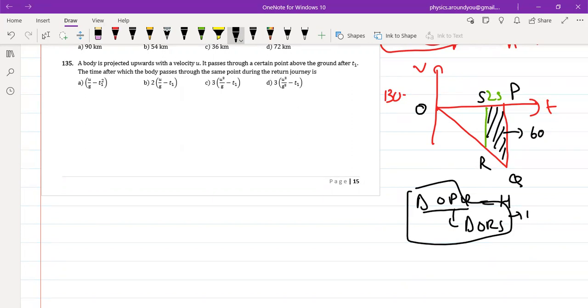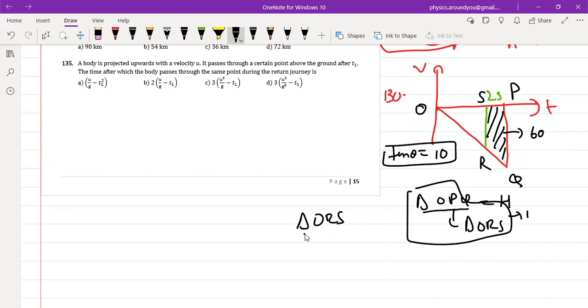And one more thing we know is that tan theta of all triangles here is 10. If I take the big triangle, tan theta is 10. If I take the small triangle, also tan theta is 10. So let's take the areas ratio.